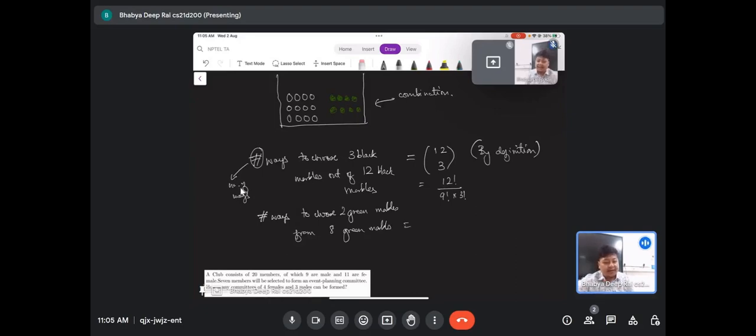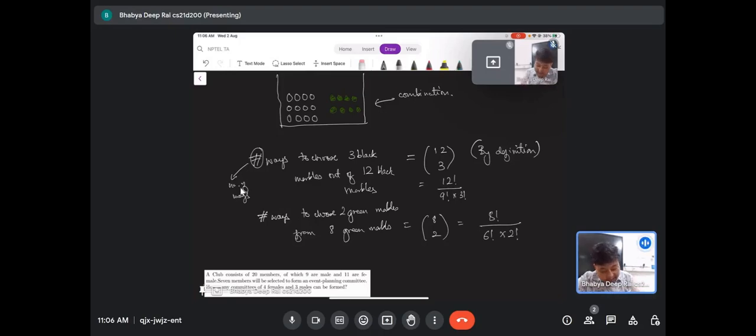Now by definition, it is 8 choose 2. Right, again by definition. Now what can 8 choose 2 be written as? 8 factorial divided by 8 minus 2, which is 6 factorial times 2 factorial. Correct?